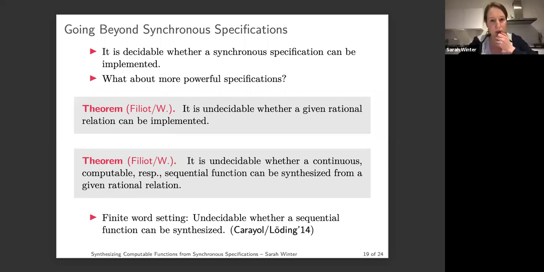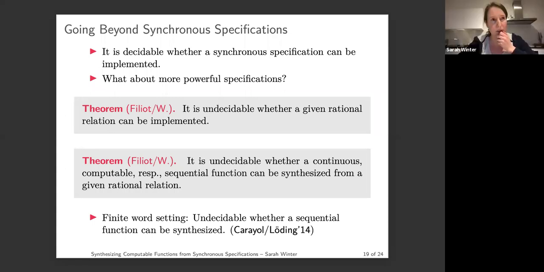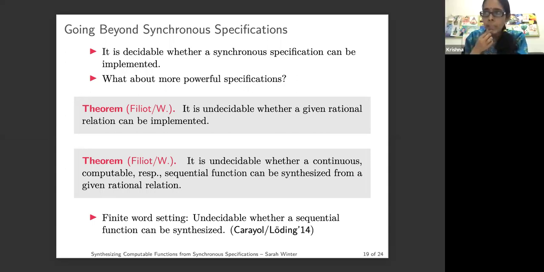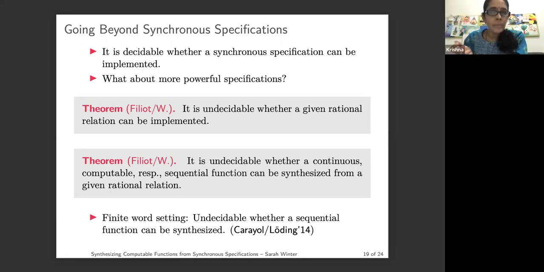I'm not sure. The reason I'm asking is that sometimes this PCP encoding may just work even if you are working in an aperiodic setting. So maybe if you inspect the proof, it may be clear.